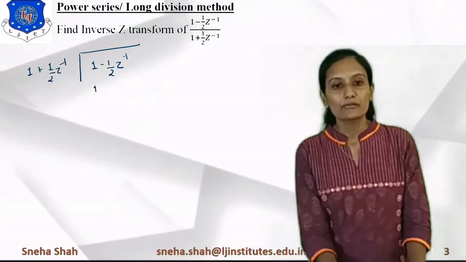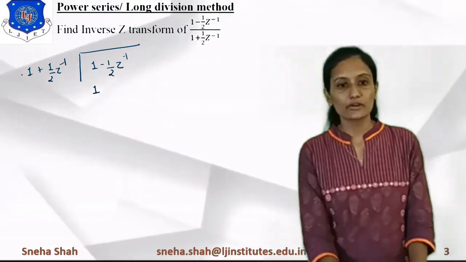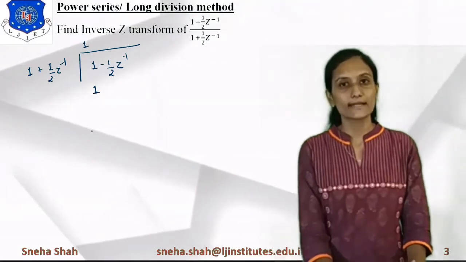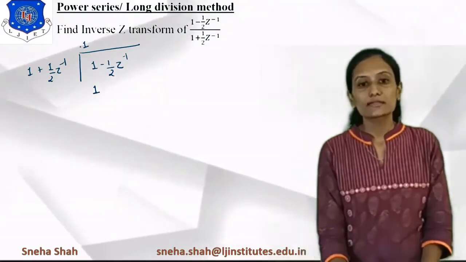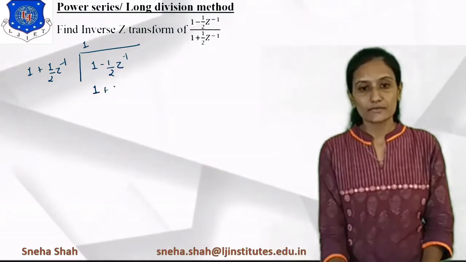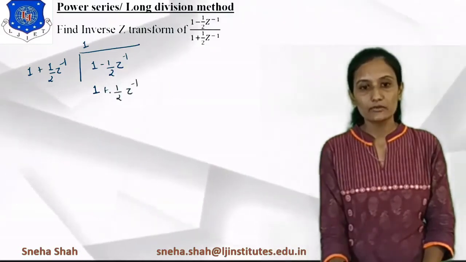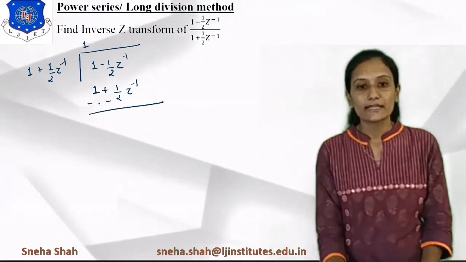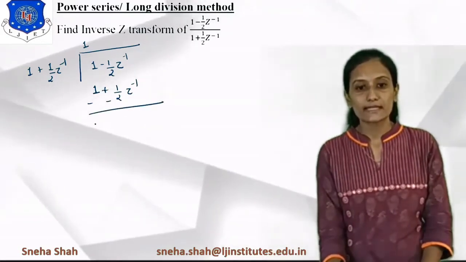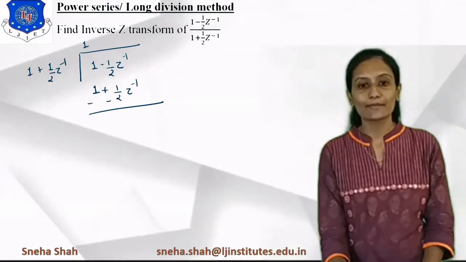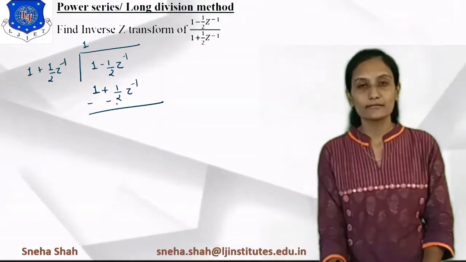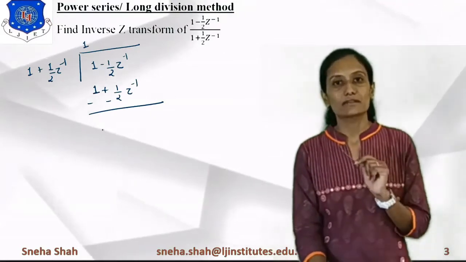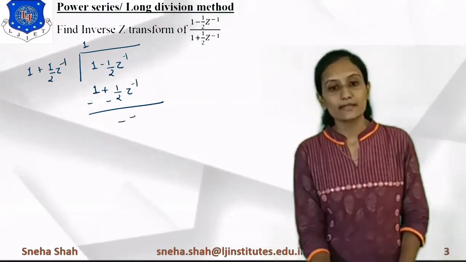We have to get it as 1, so 1 will multiply with the denominator. It gives 1 plus 1/2 Z inverse. Now we subtract it, so 1 minus 1 will cancel out and it will be 0. And minus 1/2 Z inverse minus 1/2 Z inverse means 2 times minus 1/2 Z inverse, so its value equals minus Z inverse.